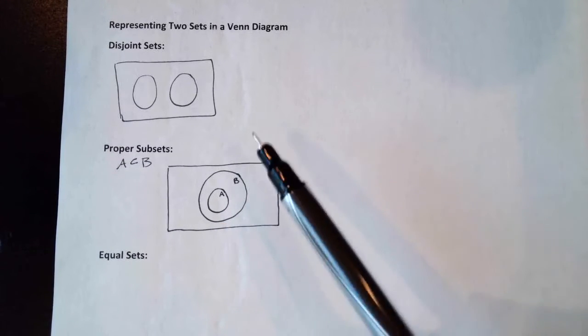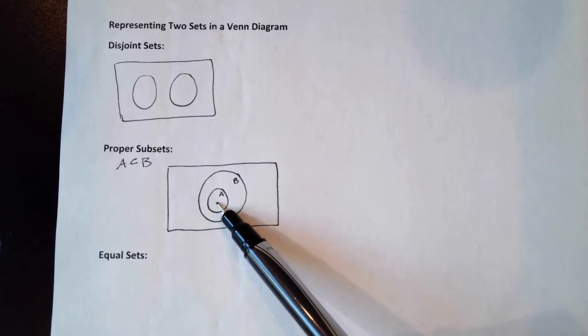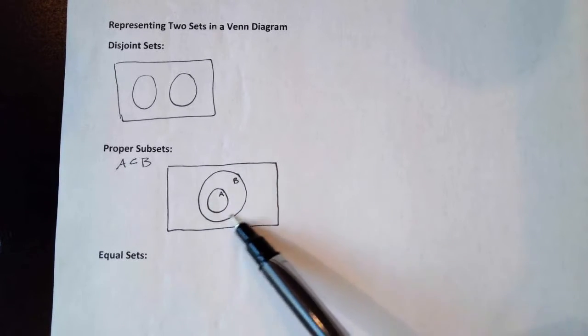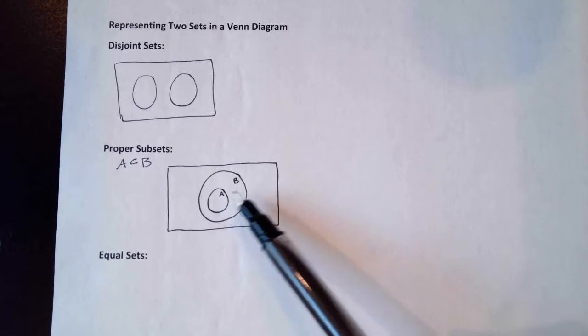So this could be something like the set of all the presidents of the United States of America could be in here, and this circle could be men. And that means that every single president of the United States has been a man.